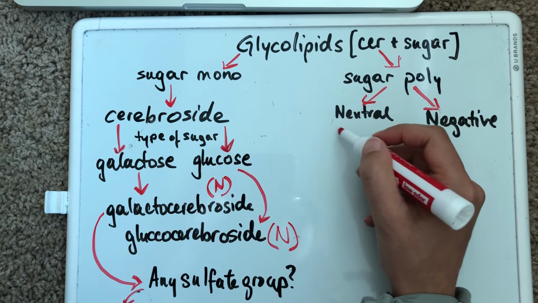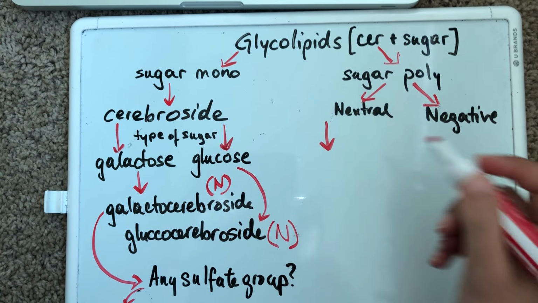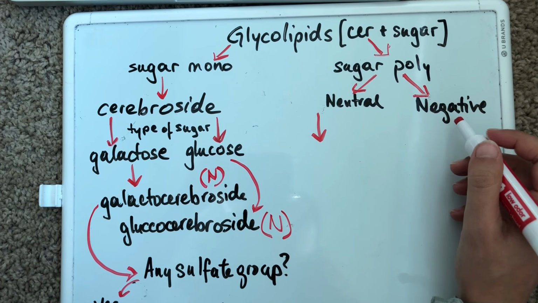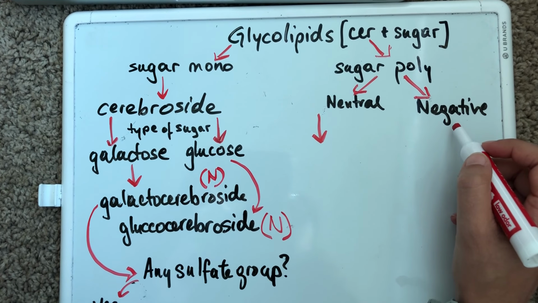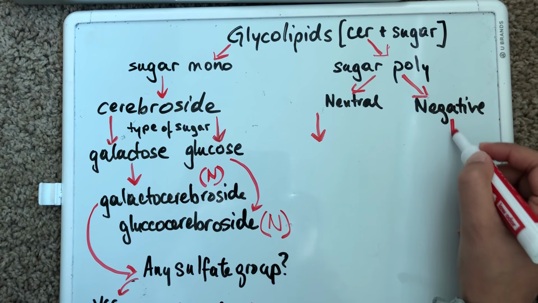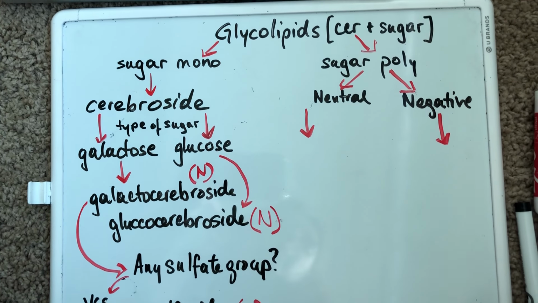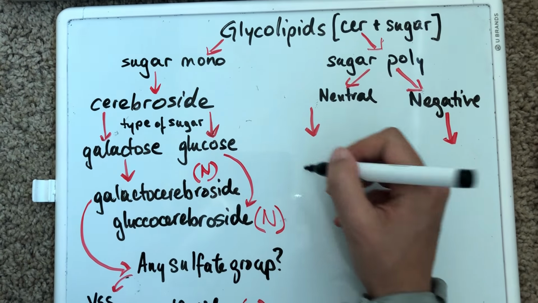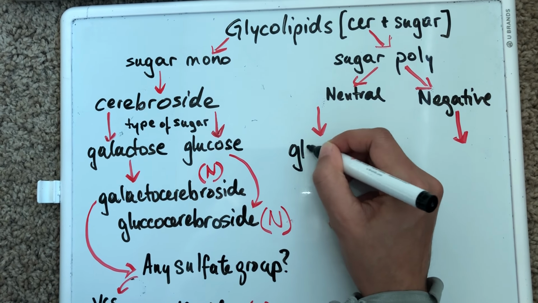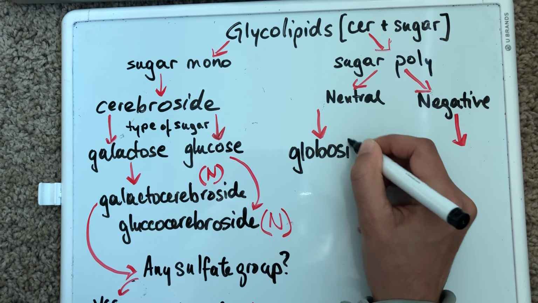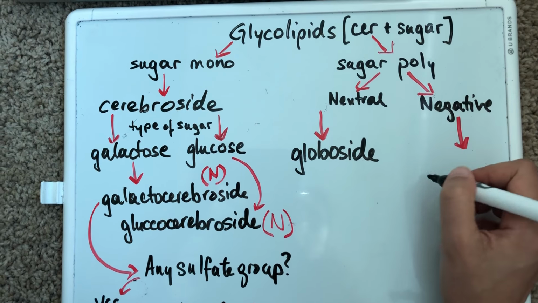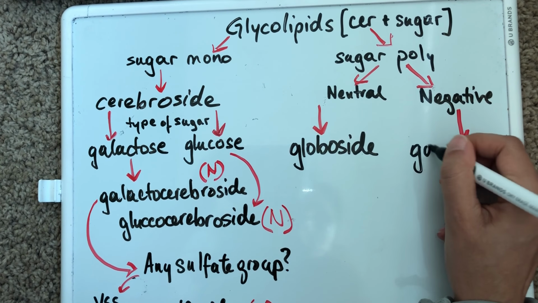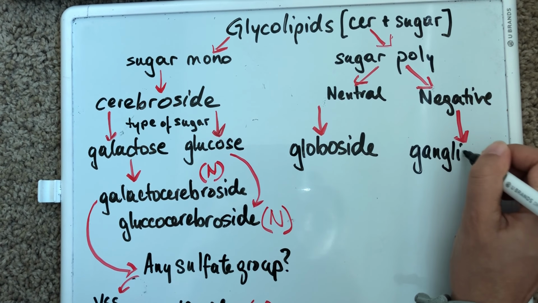If it's neutral, it's going to be called a globoside. And it's going to be called a ganglioside if it has negative sugars.